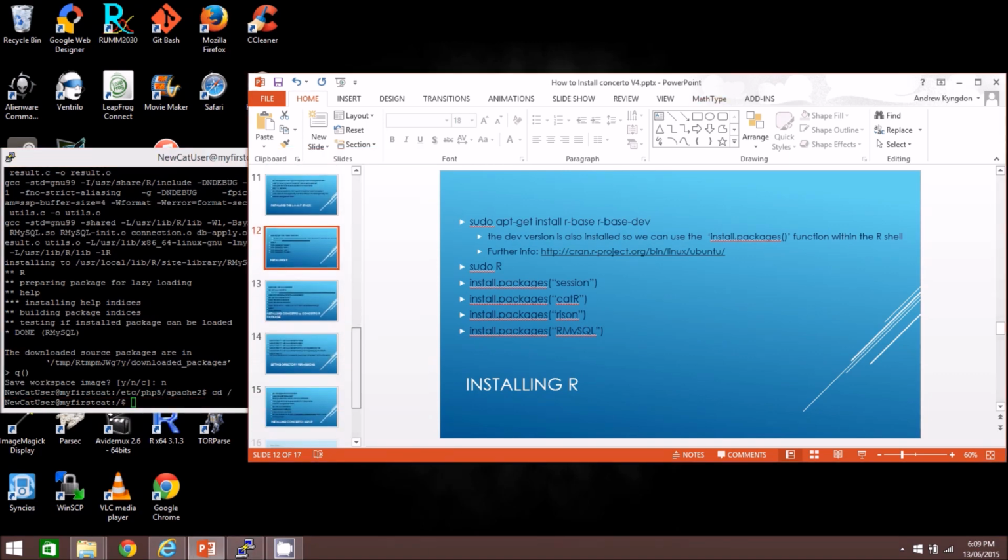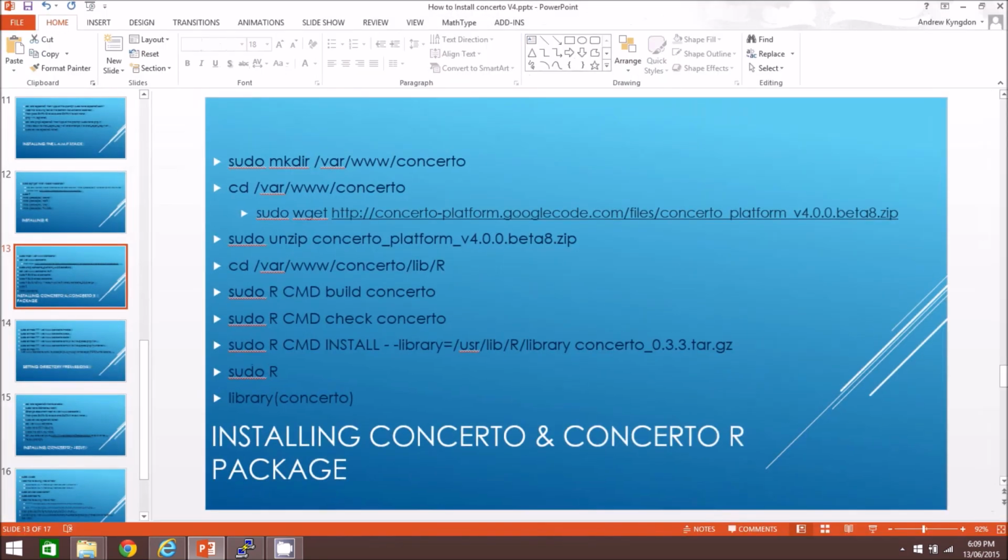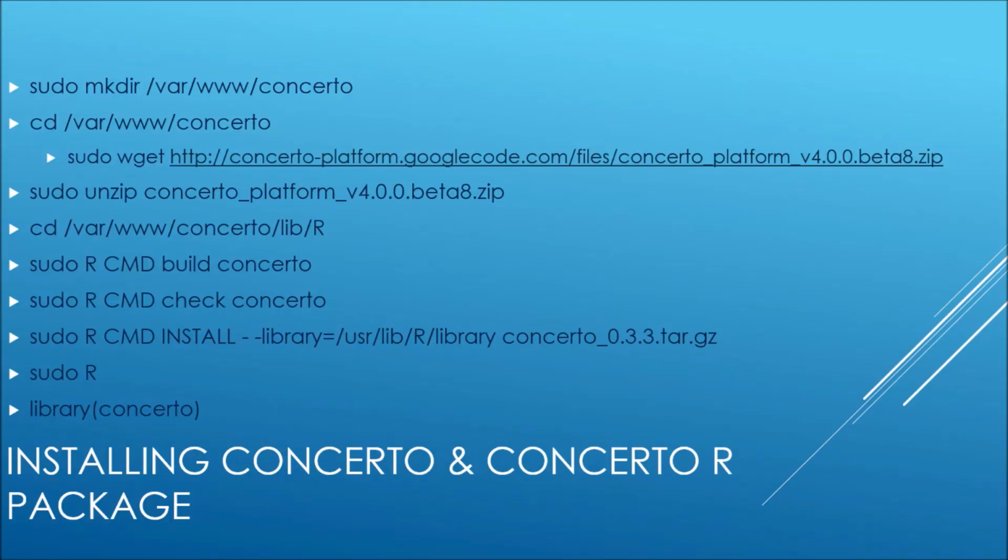So, next thing to do is to actually install the R package itself. So, first of all, we'll make a new directory under var/www. We will then navigate to that directory. We'll download the Concerto zip file from where it is located. We'll unzip that zip file to that particular directory. It will create furthermore other directories.